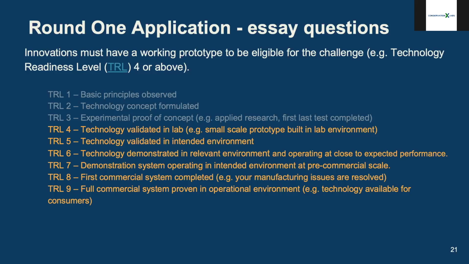There is, for example, a small scale prototype, a minimum viable product. And beyond technology readiness level 4 is what we're expecting to see in this competition. Again, it needs to be well beyond the idea stage.